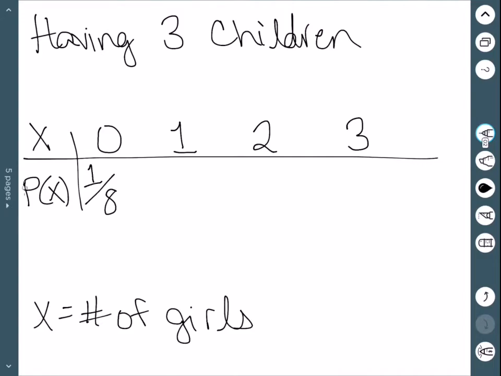Equivalently, the one way to have 3 girls is to just have 3 girls. There's only one way. If I think of the different ways to have 1 girl, she could be born first, second, or third, meaning there are 3 out of 8 ways. Having 2 girls is the same thing as having 1 boy, so once again this will be 3/8. We could have also done this by listing out the possible outcomes with 3 children and recognizing these different probabilities the same way we did with the heads and tails flipping of the coin.